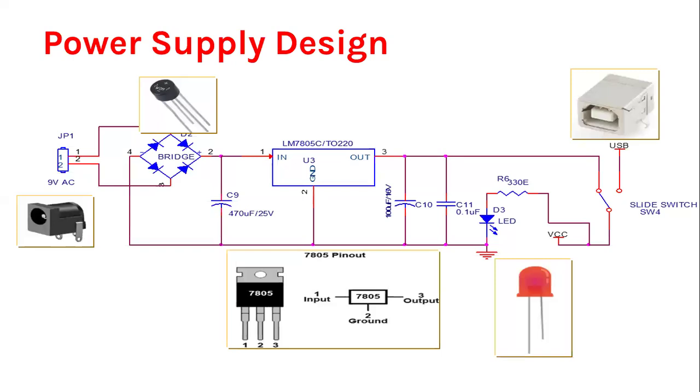In the low condition, it gives 0 volts. Remember this, guys: logic one gives 5 volts and logic zero gives 0 volts. At the same time, it gives a current of 5 milliamperes. Remember that, guys?